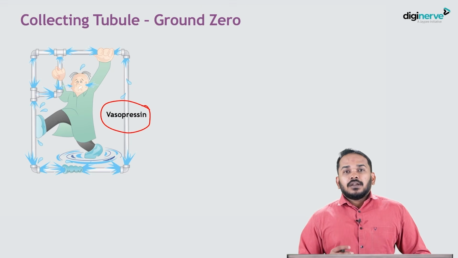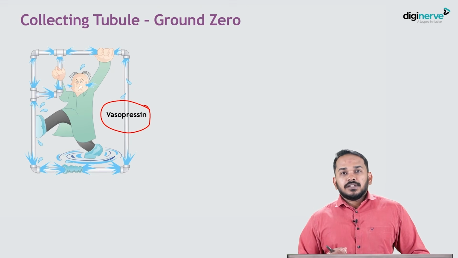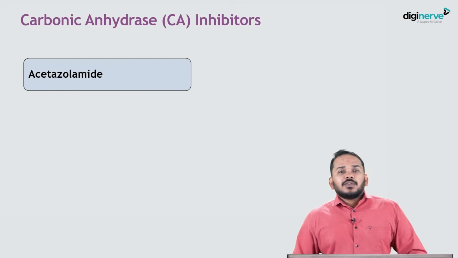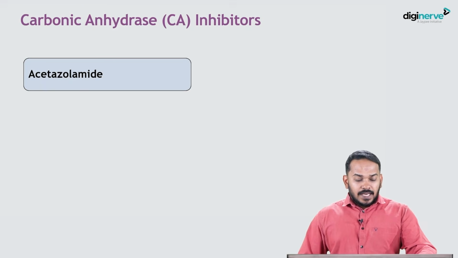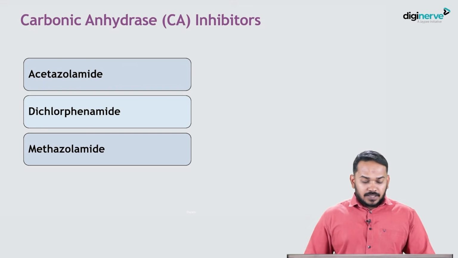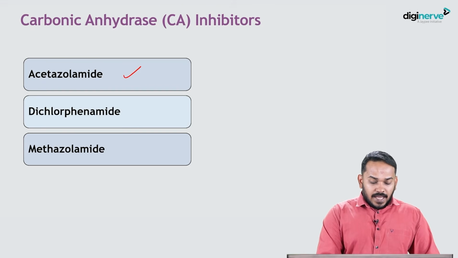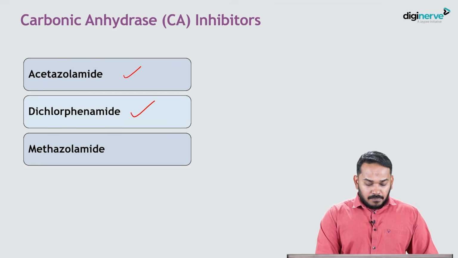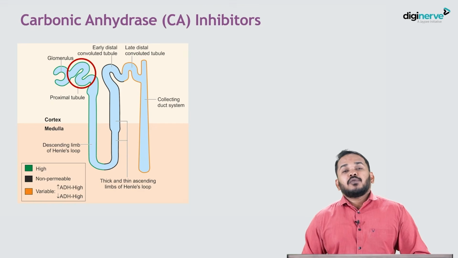If you remember, carbonic anhydrase inhibitors are the agents that act on the proximal convoluted tubule. So the carbonic anhydrase inhibitors are acetazolamide, dichlorphenamide, and methazolamide. So these agents, they act on the proximal convoluted tubule.